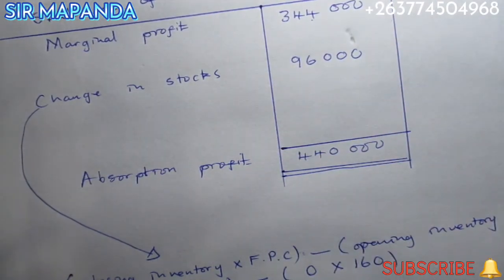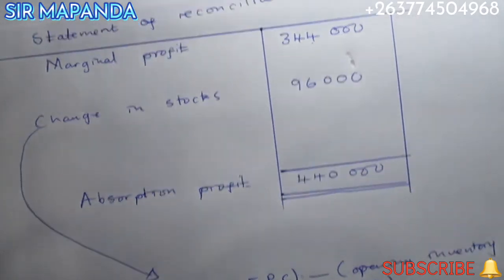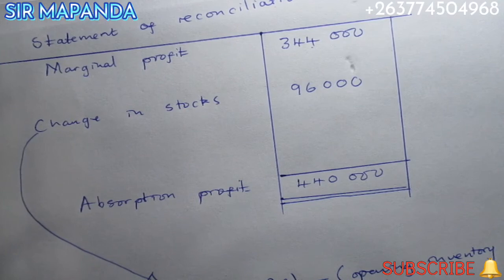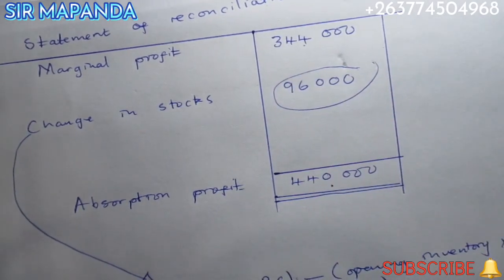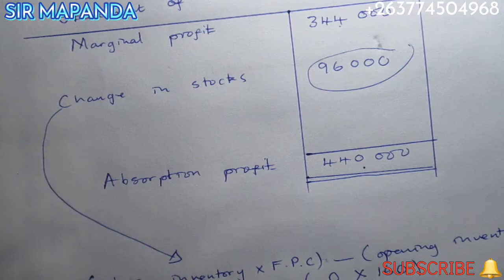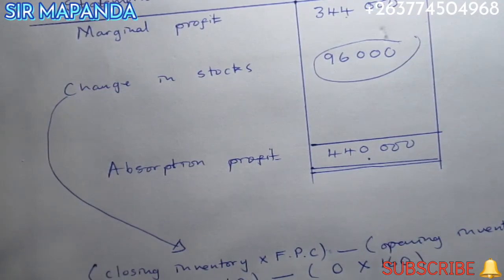You can clearly notice that if you add 960,000 with 344 of marginal profit, you get 440,000. So it means you have reconciled the marginal profit with absorption profit. Right. So this is the reconciliation statement. Then you can be asked to explain. Right.